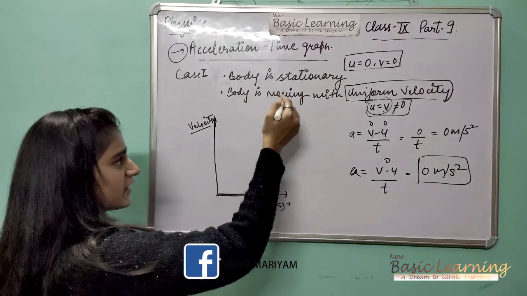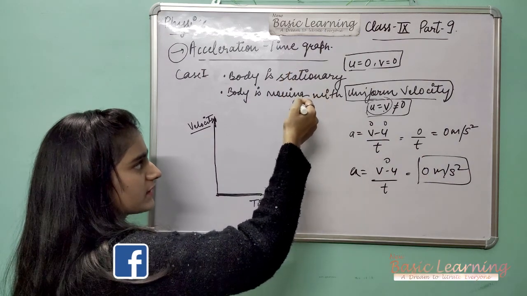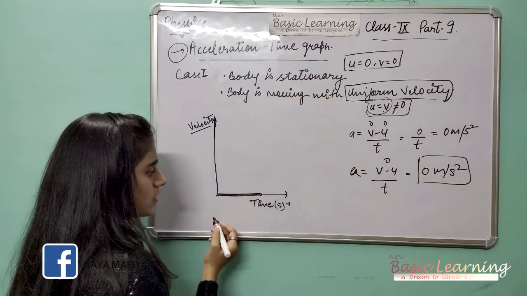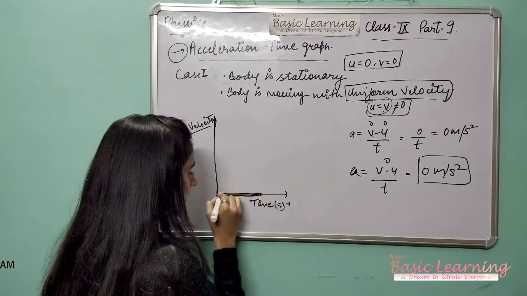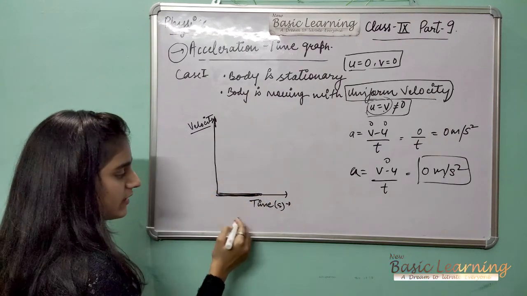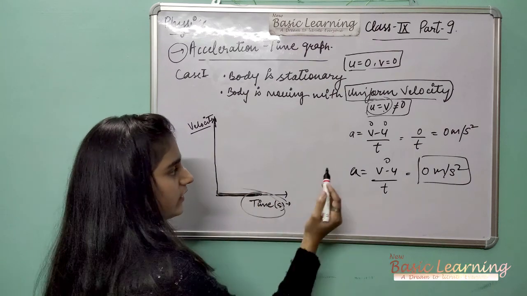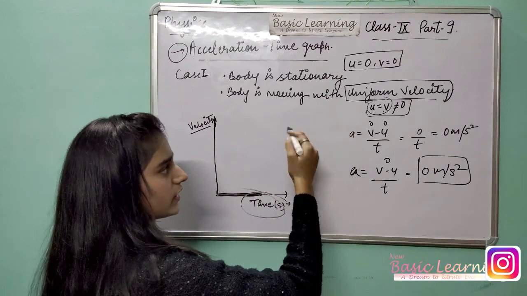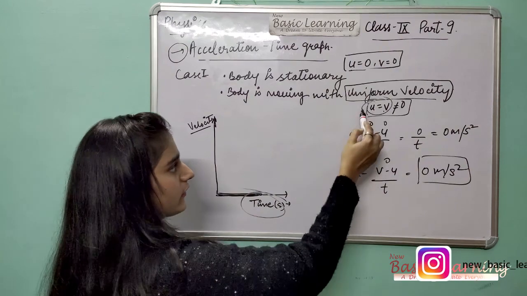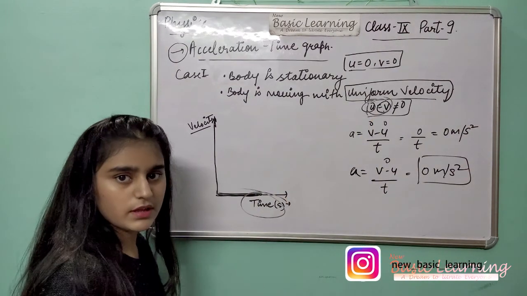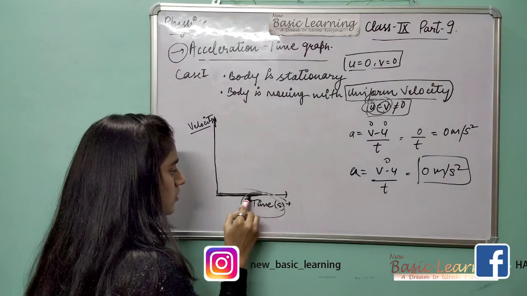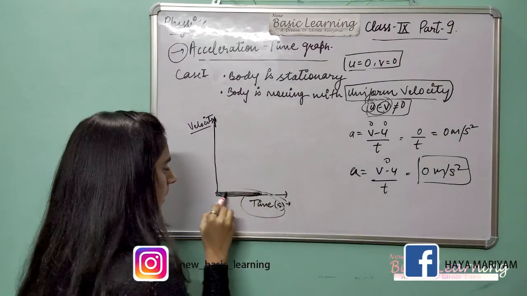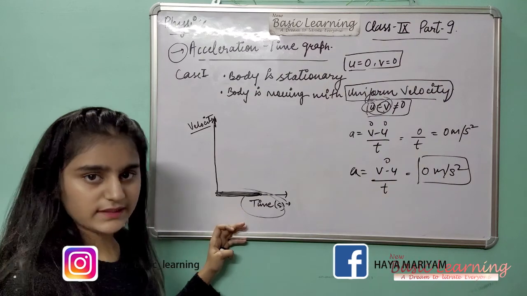In the first case, when the body is stationary, that means it is not moving, the acceleration is also 0, so it overlaps on the time axis. And when the body is moving with uniform velocity, the final velocity and initial velocity are the same but not equal to 0, and the acceleration is 0 meter per second square. So here also the graph will overlap on the time axis.